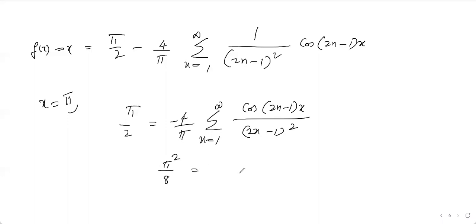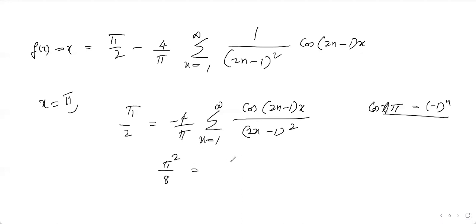Now we know that cos n pi is equal to minus 1 to the power of n, substituted.